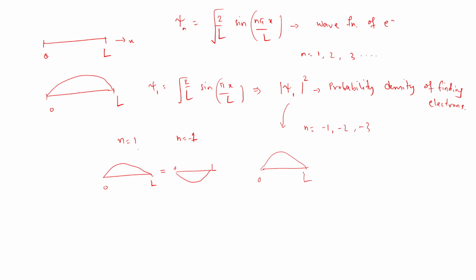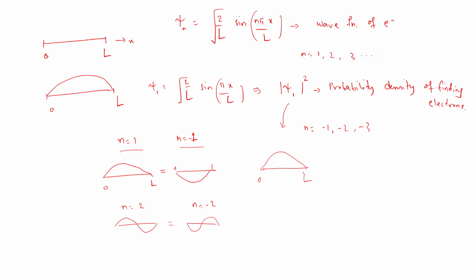So we shouldn't distinguish between n equal to 1 and n equal to minus 1; these are not distinct states. Similarly, n equal to 2 and n equal to minus 2 are not distinct states.